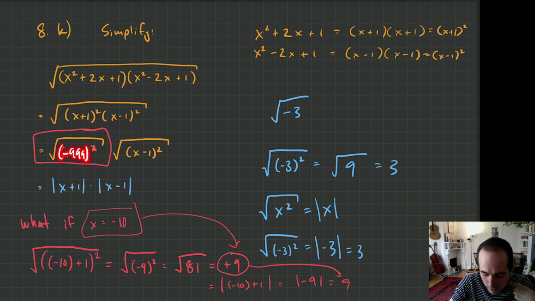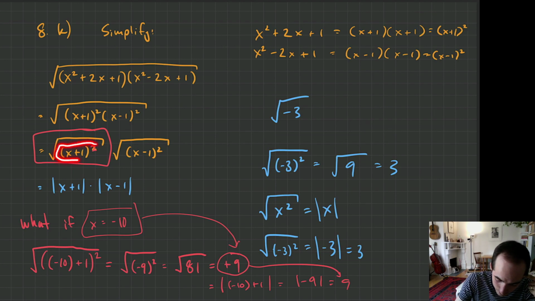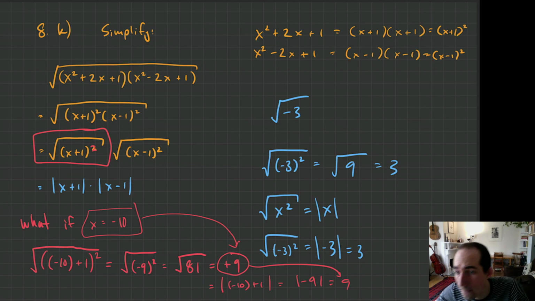But when you square it, it's going to be positive, because when you square numbers, they become positive, because a negative times a negative is positive. And then, once it's positive, you can take the square root, because you're allowed to take the square root of positive numbers. Once you've done that, your answer is going to be positive, even though x was negative, right? So that's where the absolute value comes in.